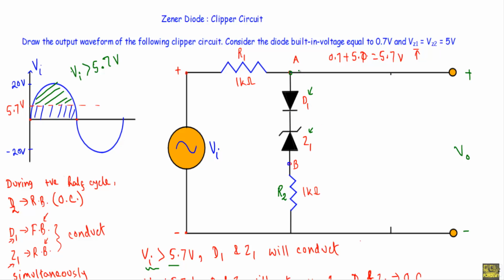As a result, we will get current through this circuit. When the diode D1 is in forward bias, we can replace it with its constant voltage drop model, or a voltage source of 0.7 volt. And when the Zener diode Z1 is in Zener breakdown region, we can replace it with a voltage regulator, or a constant voltage source whose value will be equal to VZ1, or 5 volt.